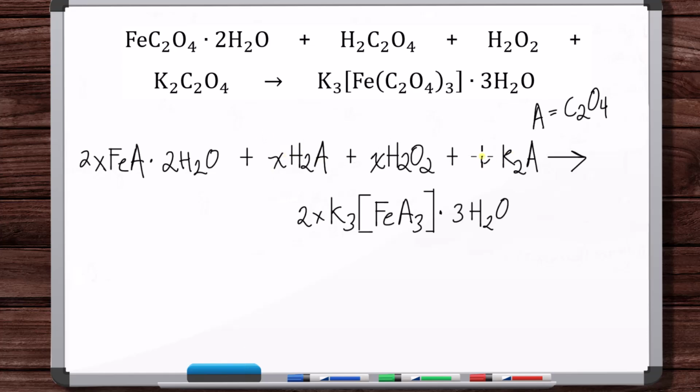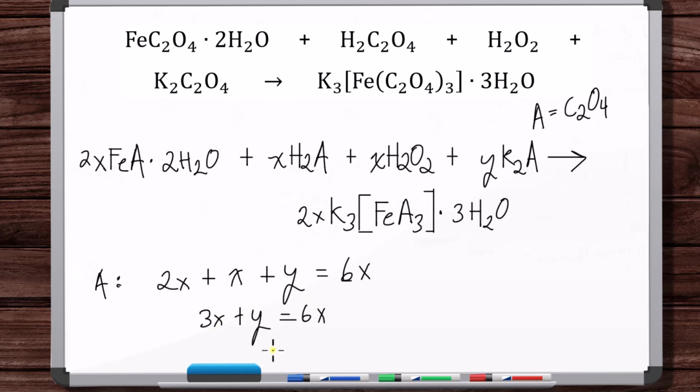All right, now let's set this equal to y and balance the A groups. So 2x plus x plus y is equal to 6x. So 3x plus y is equal to 6x. y is equal to 3x.